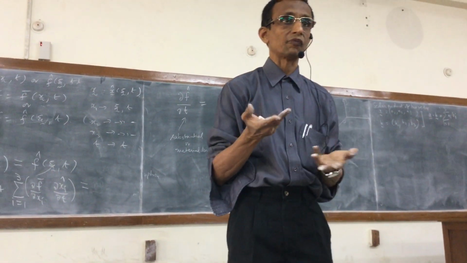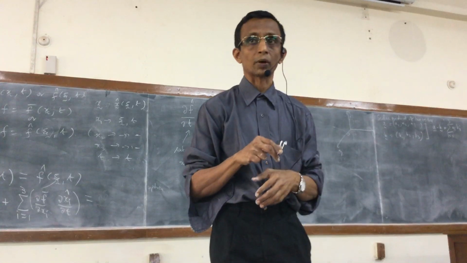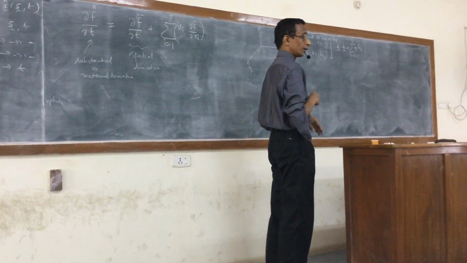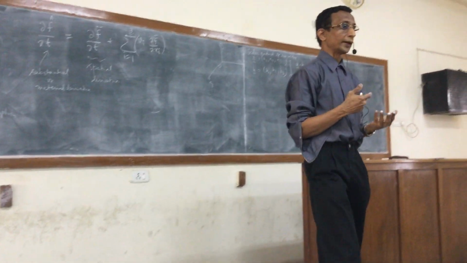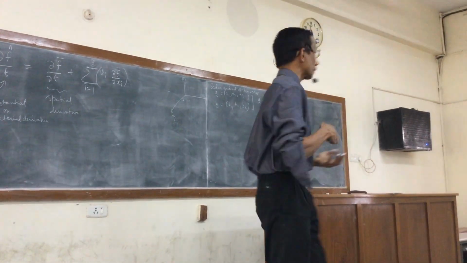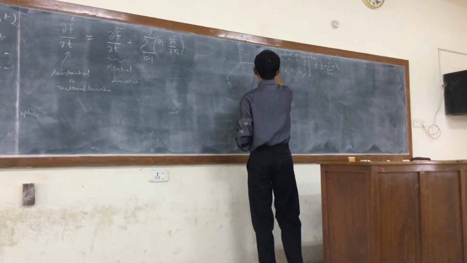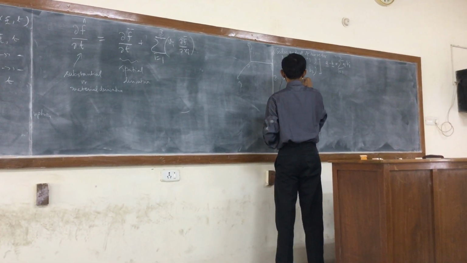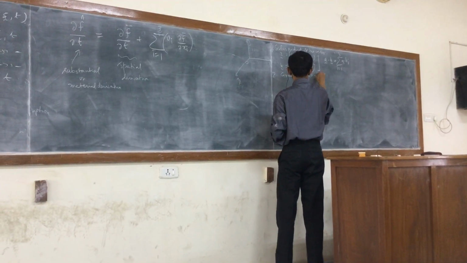This is something you are all very familiar with, scalar or dot product. I introduce another quantity or operator now. It's the vector operator called the gradient of a scalar.